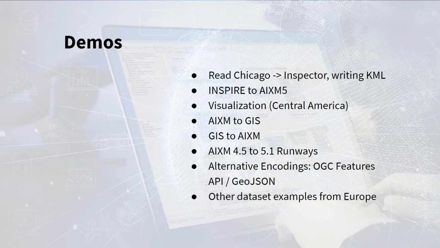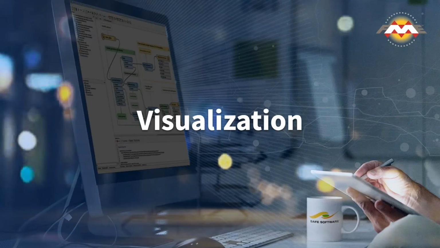But certainly the GML handling is a lot easier, and when we get to some of the supporting formats like FIXM and WIXM, some of those work right out of the box with a GML reader. You don't even need a specific format reader for those. So we'll see some of that later, but that's a good point.